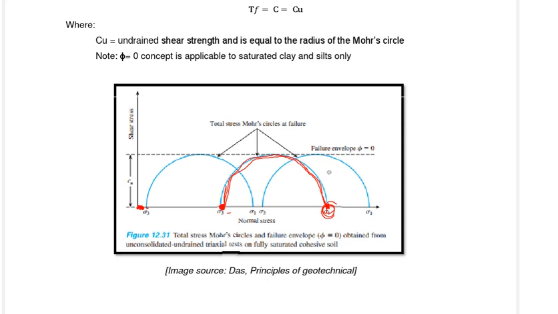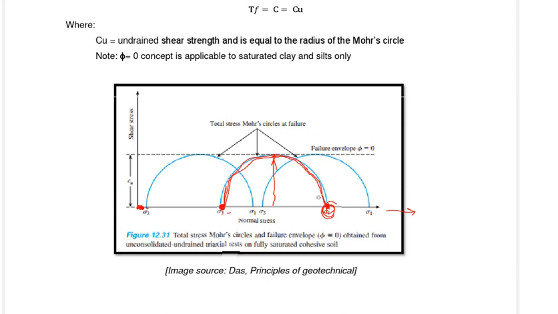And the soil has an undrained shear strength, Cu. So, we have Cu here in our shear. This is the value of our shear. This is the value of our normal stress.